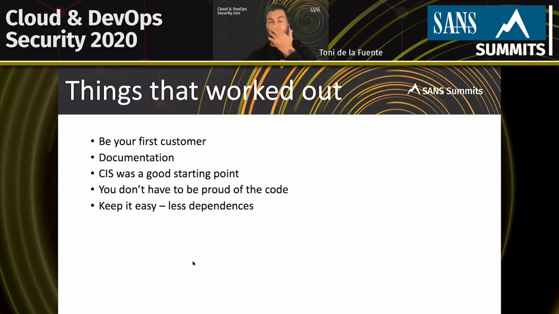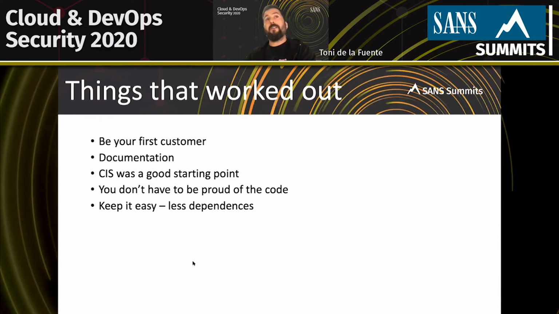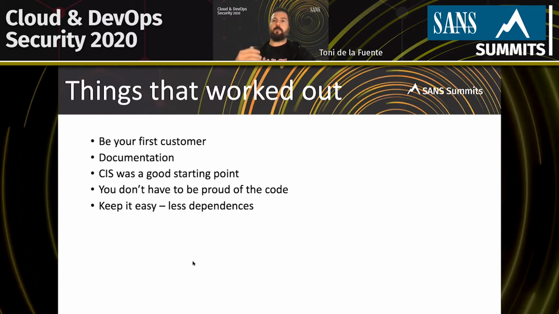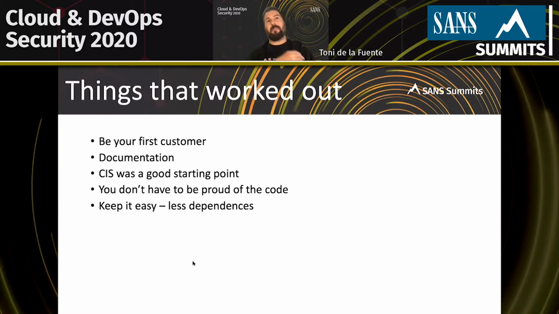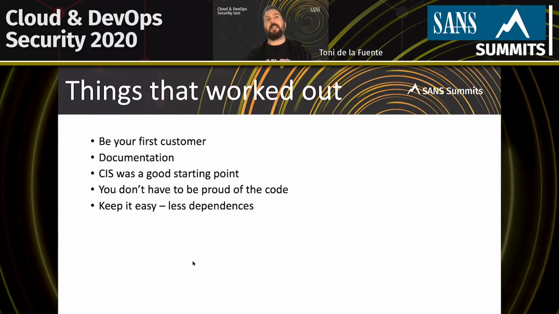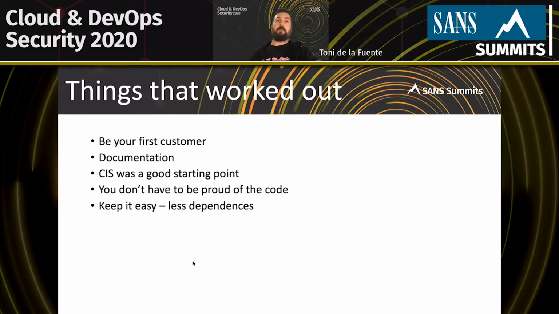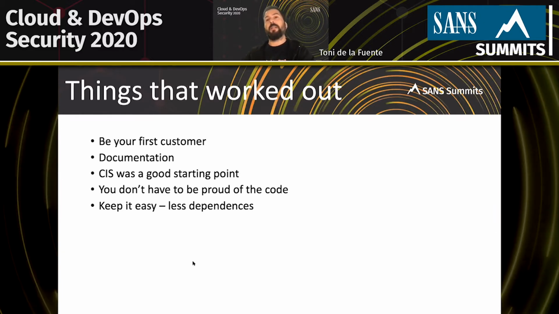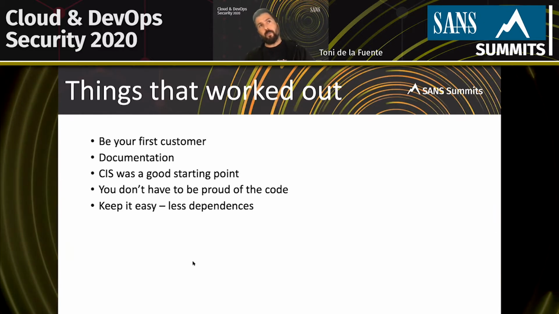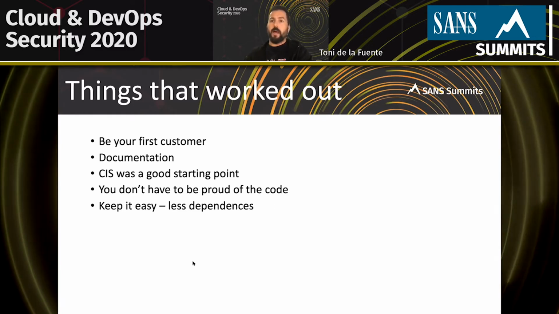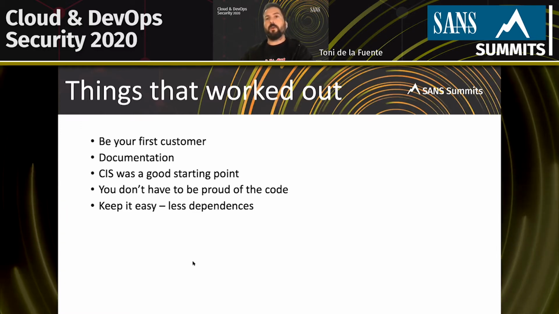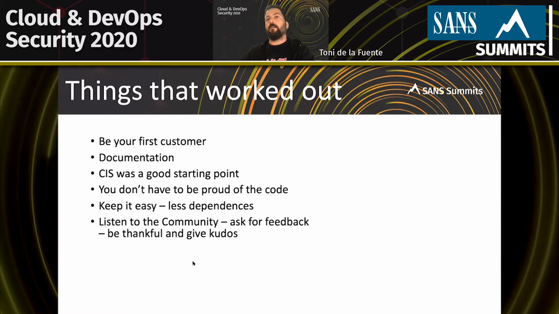I think that was a good idea in terms of reaching other types of users like me, who come from security, but more the sysadmin side of security than the developer side. I'm not saying that Python is a bad idea at all, but I wanted to keep it easy with fewer dependencies. Of course, with time, as Prowler was growing, I added more dependencies to do more stuff, which is normal, right?